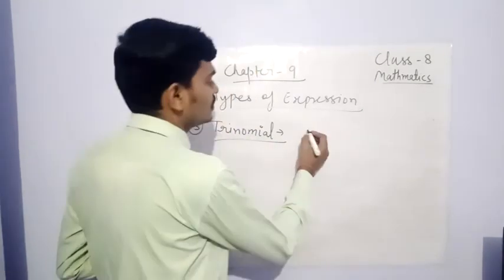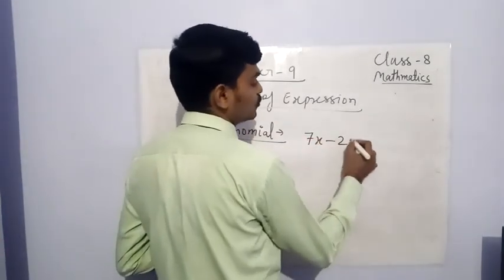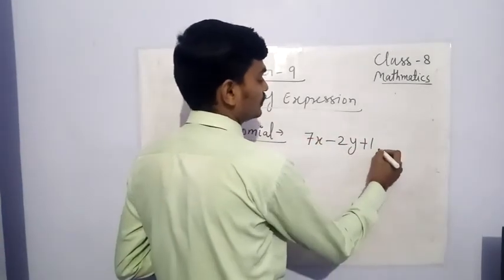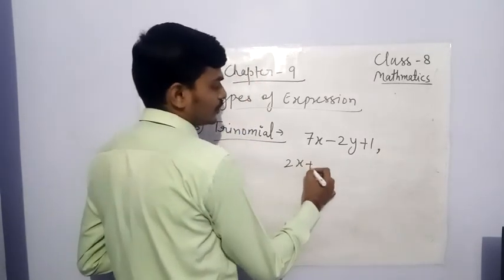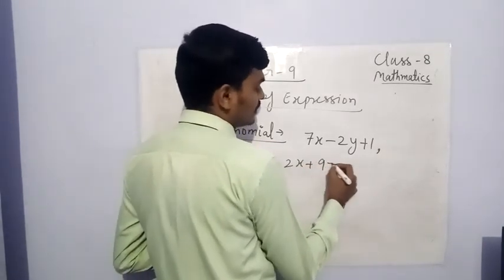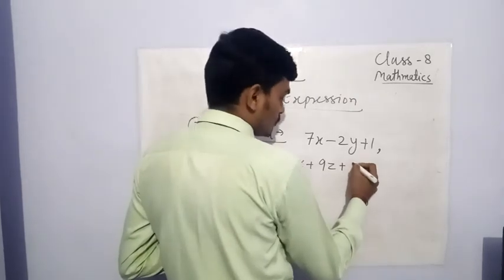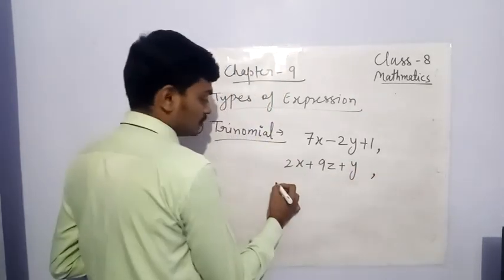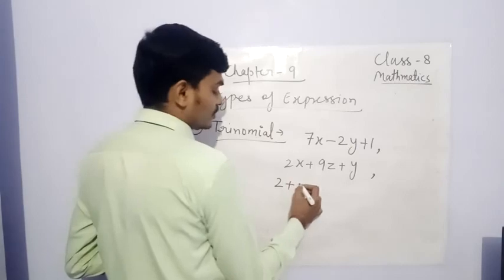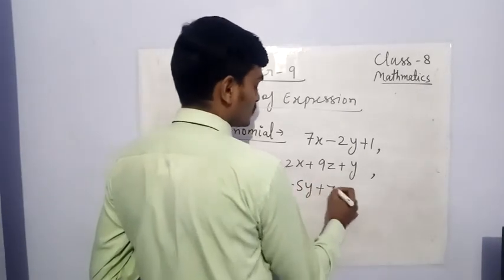For example, 7x minus 2y plus 1, 2x plus 9z plus y, 2 plus 5y plus z.